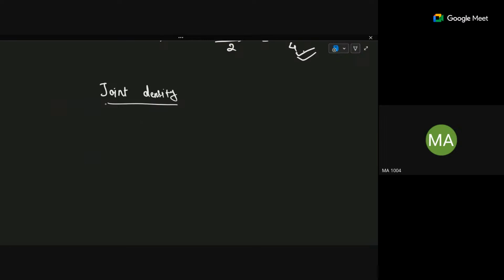These two terms are the marginal density and conditional probability, right? Sometimes we know the conditional distribution and marginal distribution, and then using these two we can find the joint one.